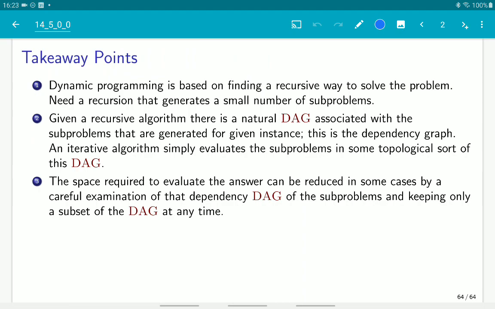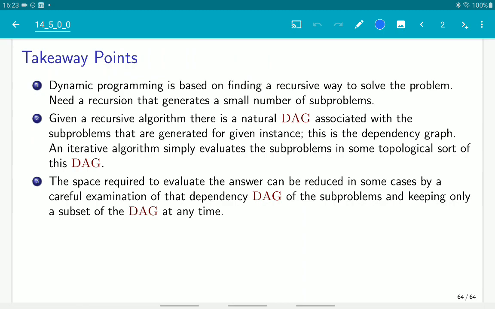This dependency graph had better not have cycles, because if we have circular dependencies, then we are not going to be able to compute the values, at least not by this approach. And now, computing the optimal solution turned into a problem of finding the shortest path in a DAG.